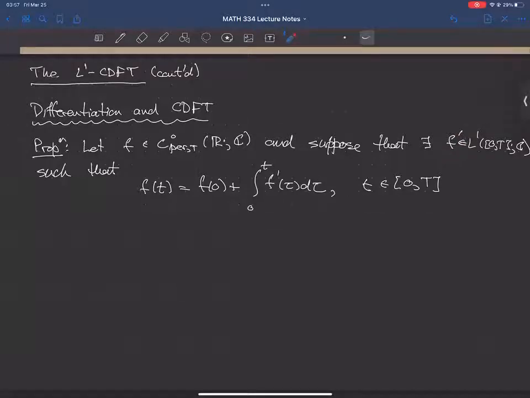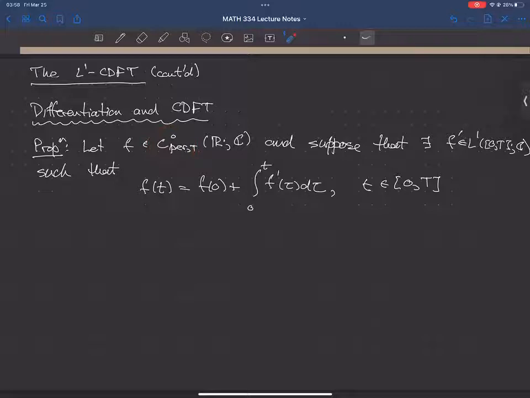Okay, and so then what this is saying is that on 0 to T, we've seen this idea before of f being the indefinite integral of an integrable function, which means that f is not just continuous, but absolutely continuous.